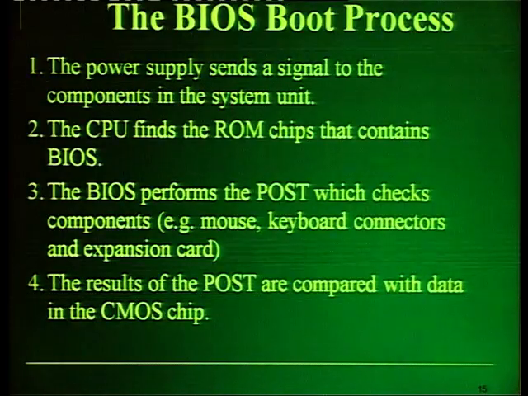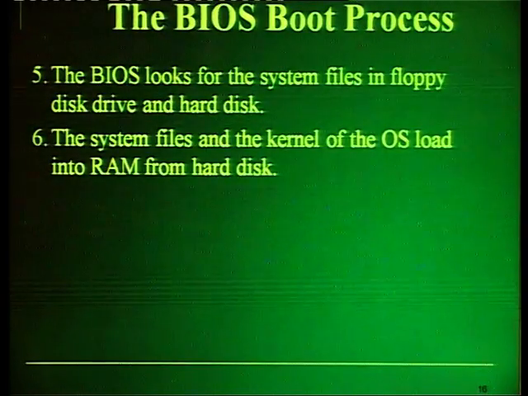The CPU finds the ROM chips that contain the BIOS. The BIOS then performs POST, the power on self test, which checks the components, for example your mouse, keyboard connectors, expansion cards, etc., for their functionality. The results of the POST are compared with the data that is stored in the CMOS chip.